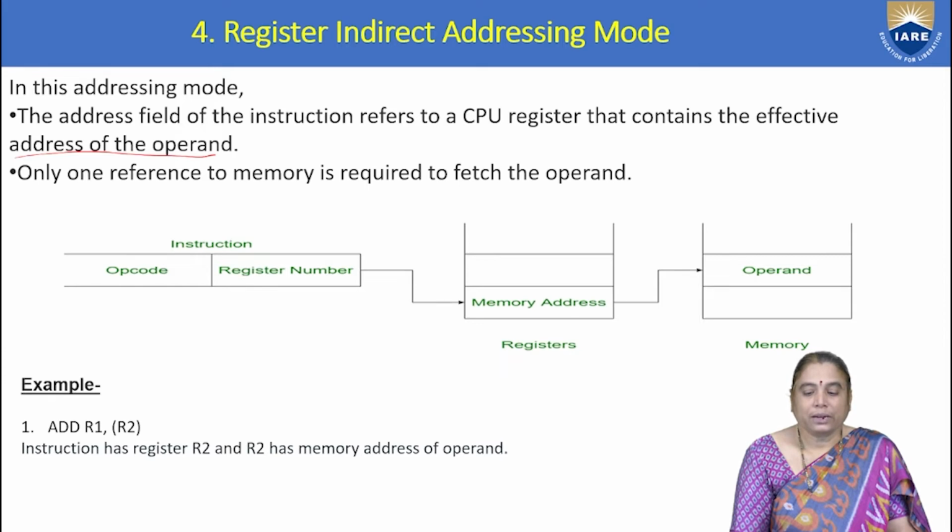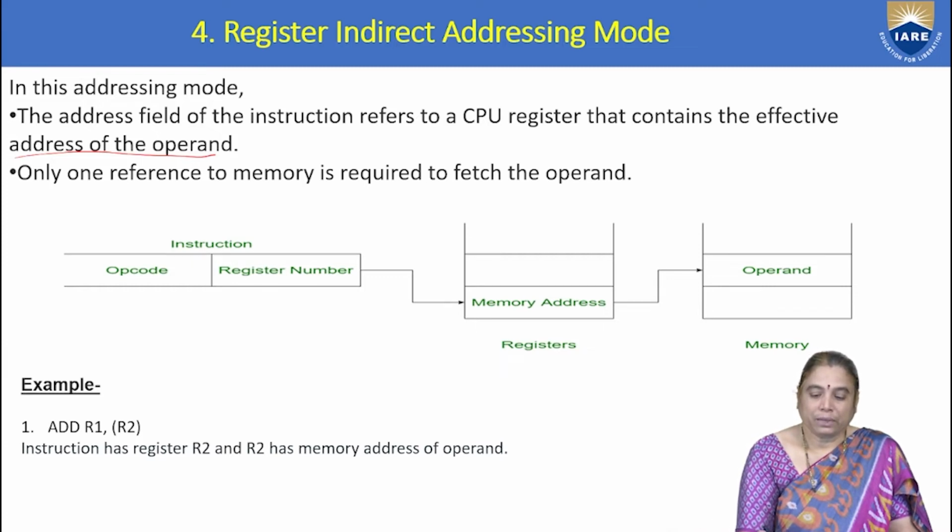But in register indirect addressing mode, the operand is specified as a register which contains the effective address where the data is actually located. Only one reference to memory is required to fetch the operand. So here the operand is a register number, and in this register the memory address where the operand is available has to be specified.